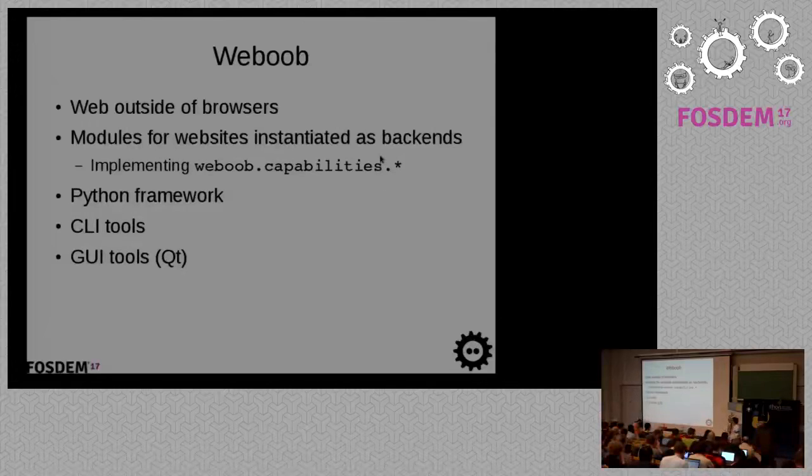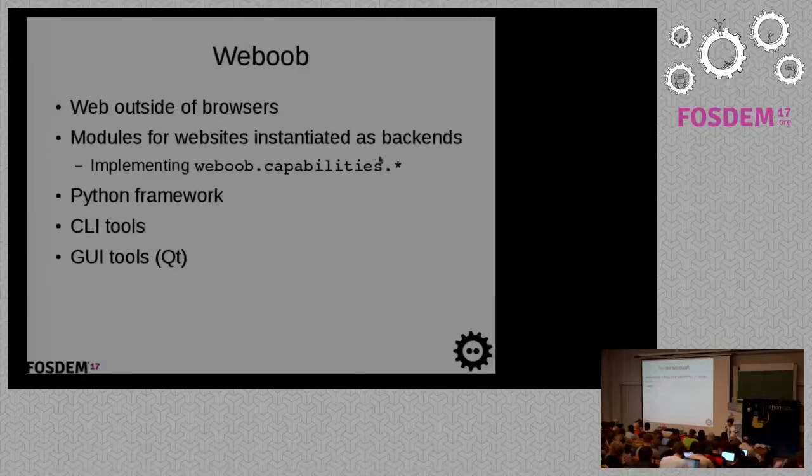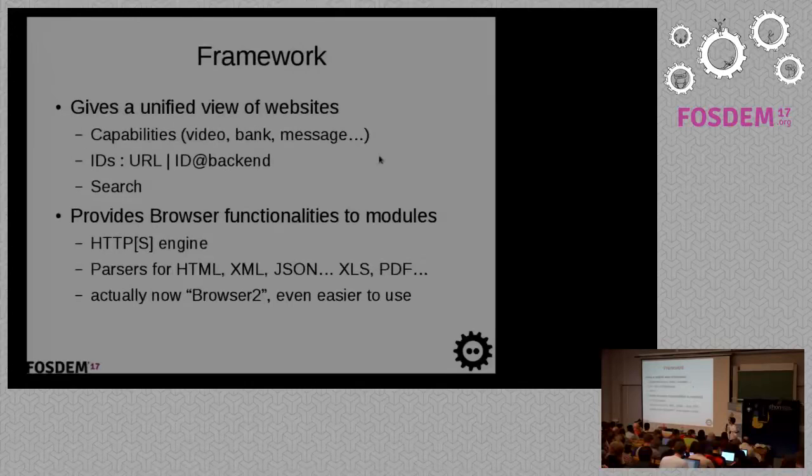It's written in Python, and there is a Python framework for it. There are command line tools. There are also GUI tools with Qt. So the framework, as I said, separates information into different capabilities: video, banking, messaging.